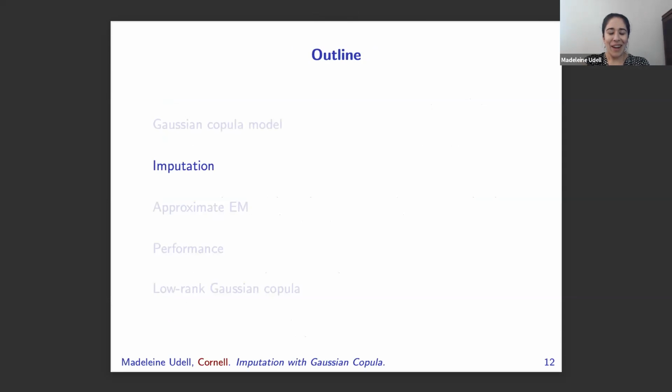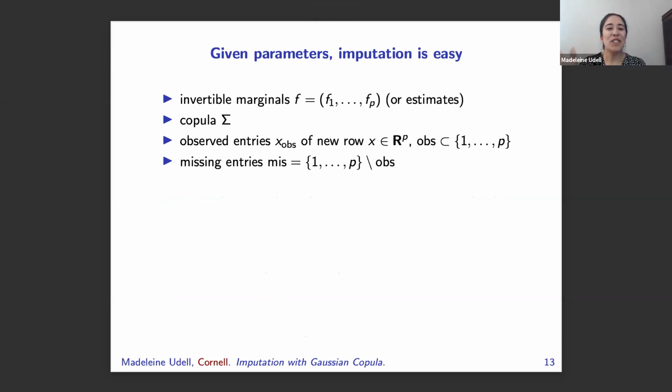So how does it work? First, let me argue that given the parameters of the model, like if you knew the marginals and the copula, then imputation would be really easy with this model. Okay. So suppose I know the marginals and the copula, and I observe some set of entries, x obs, for a new row. So obs is going to be a subset of the indices of the columns. The missing entries are going to be the complement of that set.